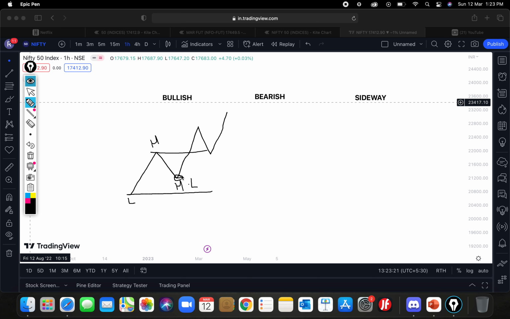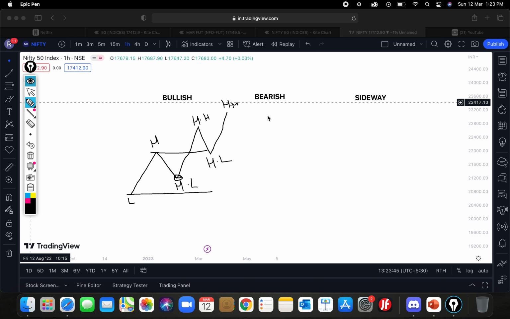And here we could see the market has broken the higher point and created a new higher high. And again pulled back, creating a new higher low, and again a higher high. So basically this is how the bullish order flow looks like, creating new higher lows and higher highs.